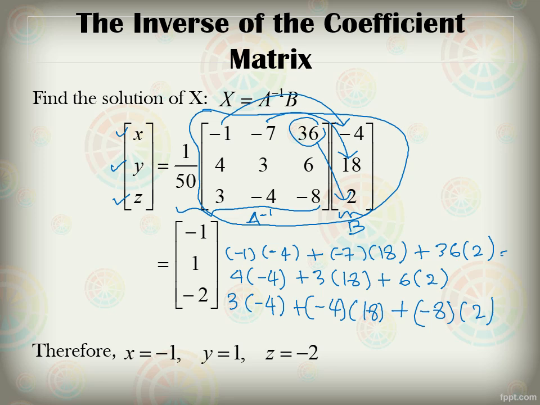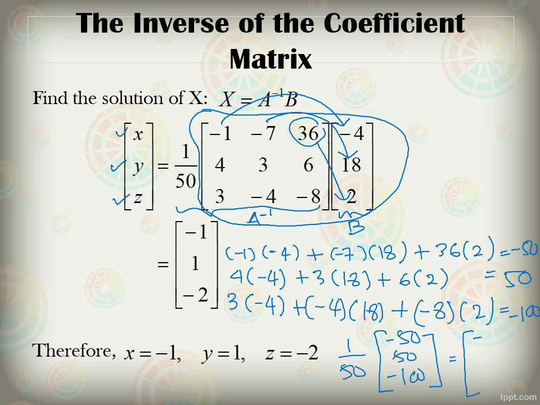So when you solve this, you will get minus 50, 50, minus 100. Okay, so 1 over 50 times minus 50, 50, minus 100, that will leave you with minus 1, 1, minus 2.